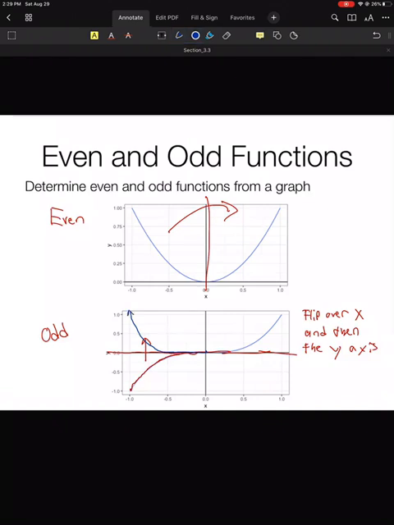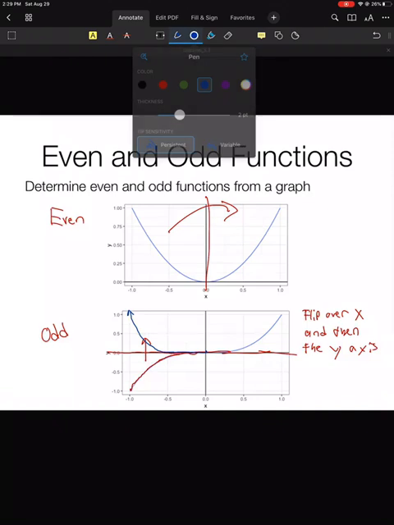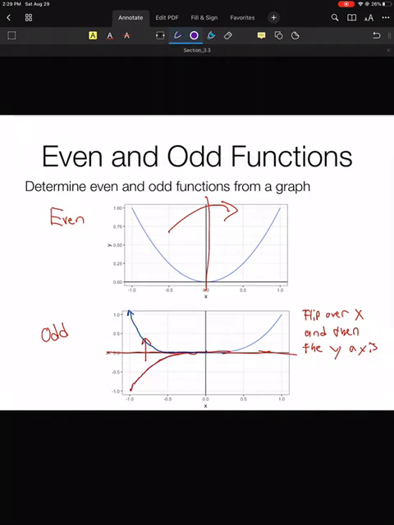And then, if I flip it over the y-axis this way, then does it overlap? So it has to flip over the x and the y-axis and get overlap if it's an odd function. That's what it means to be symmetric about the origin.